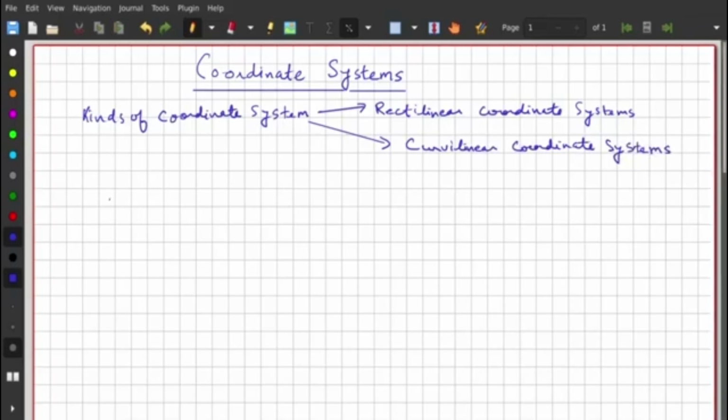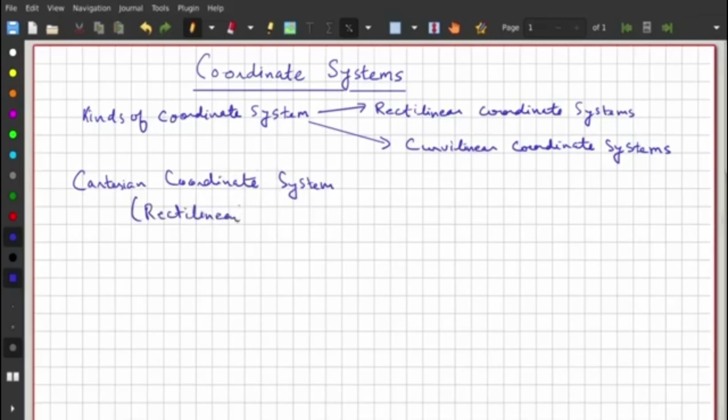Okay, so an example of a rectilinear coordinate system is Cartesian coordinates. For example, we know the Cartesian coordinate system. So that's rectilinear. And here the word rectilinear means that, let's draw the Cartesian coordinate system.